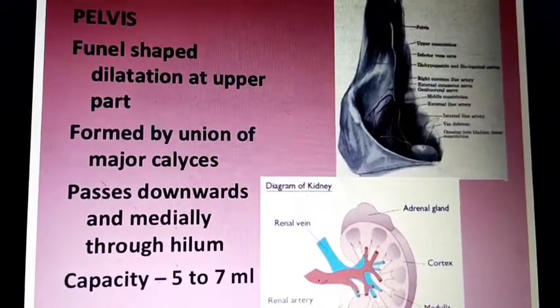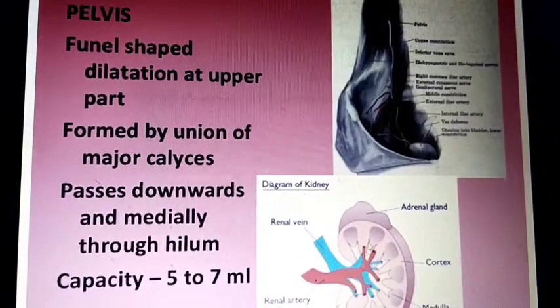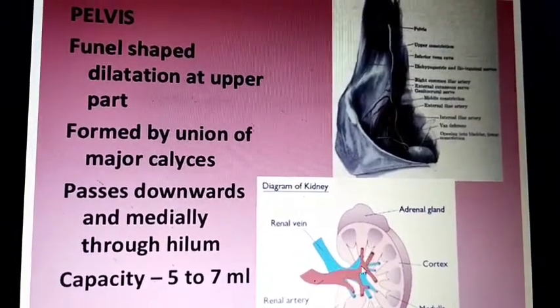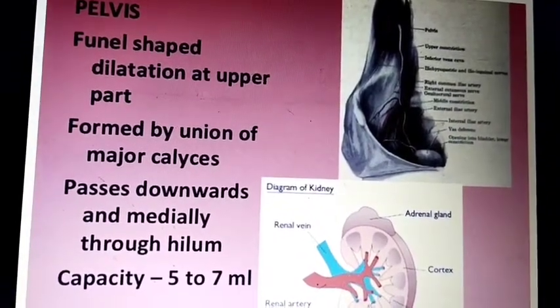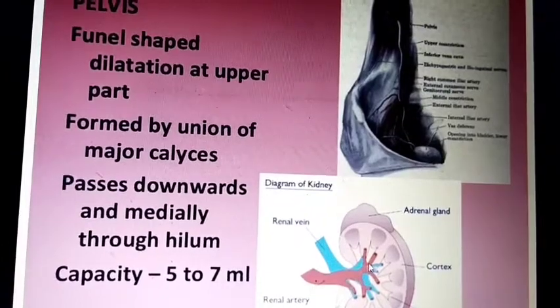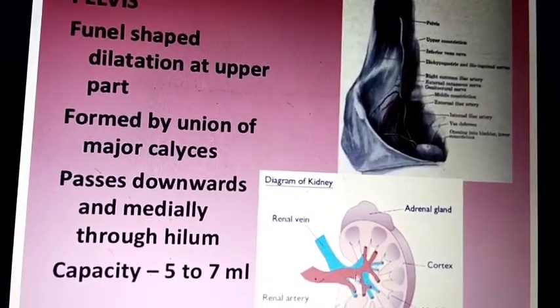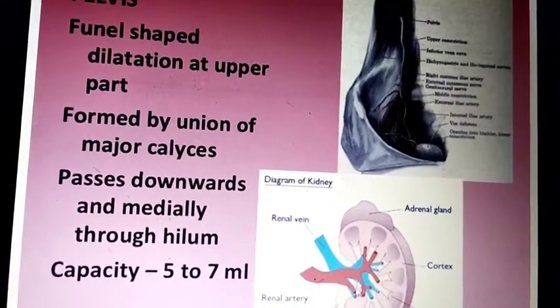The renal pelvis part means in the kidney, where the minor calyxes first join together and form the major calyxes. The major calyxes join together and form a funnel shaped dilation. That part is the renal pelvis. You can easily identify the ureter at the hilum.